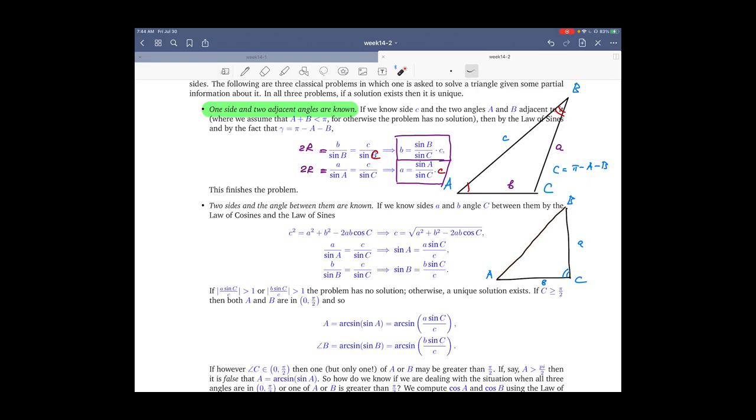To find the remaining side C, we can use the law of cosines.